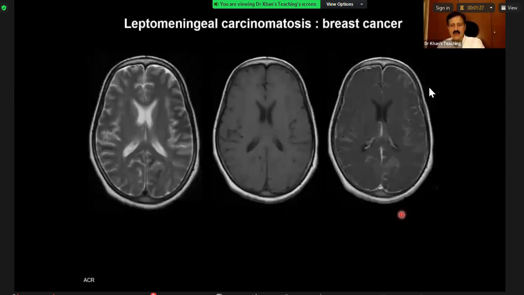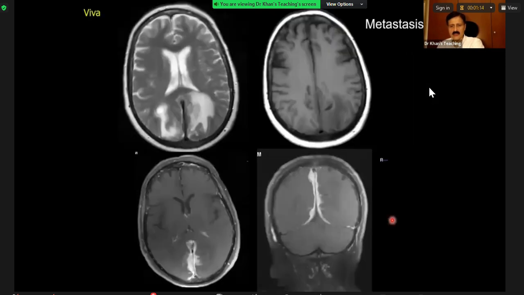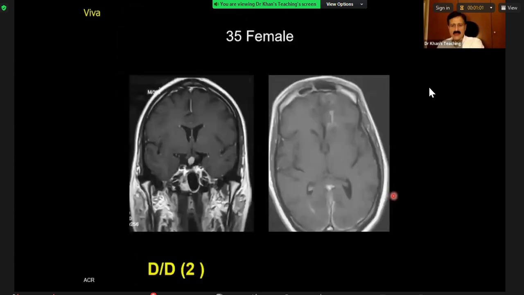Look at another case of breast cancer, where there is leptomeningeal enhancement and maybe dural enhancement also. And all of this is leptomeningeal carcinomatosis. Another case in which there is dural enhancement and maybe leptomeningeal also, because it is going into the sulci. So this is another case of metastasis.